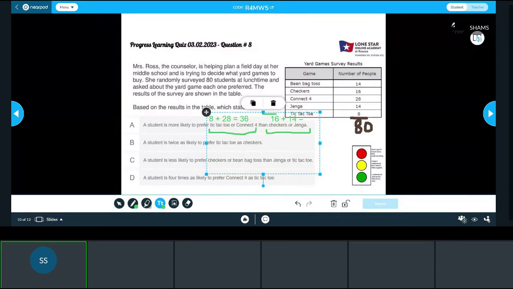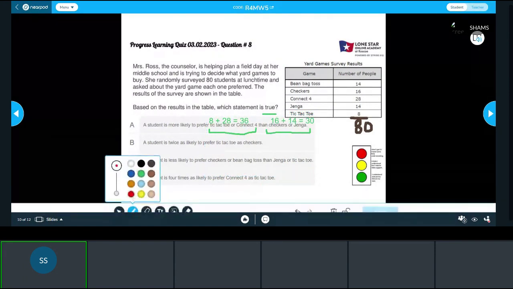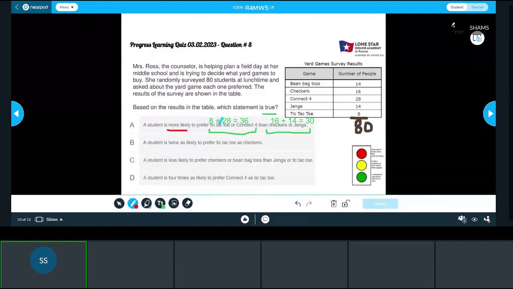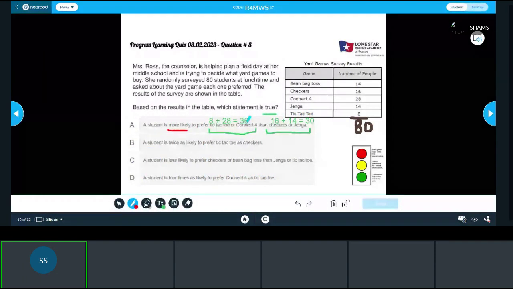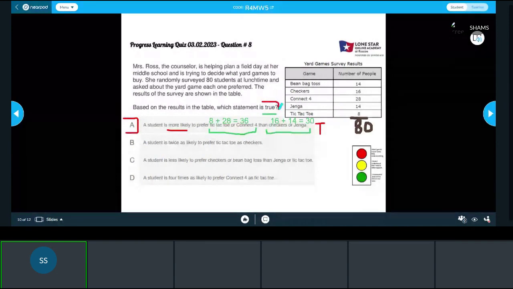Altogether, that is 30. So a student is more likely, right? More likely to prefer tic-tac-toe or Connect 4, that is 36, than checkers and Jenga. This is a true statement. And I was looking for a true statement.